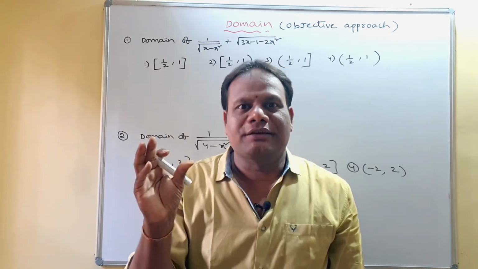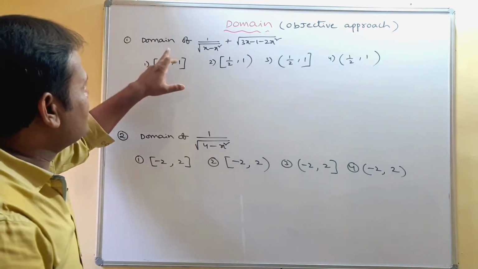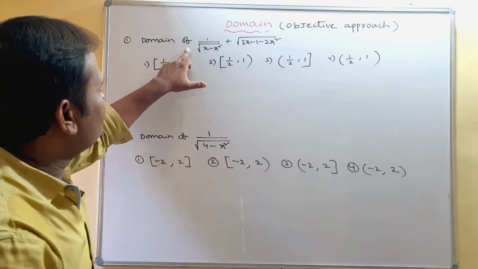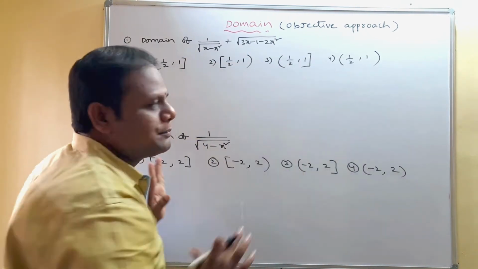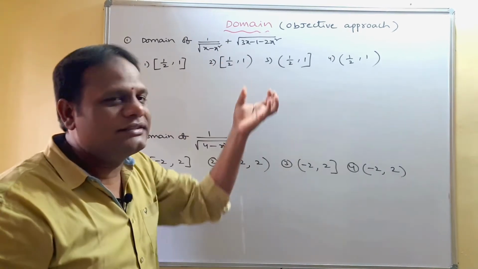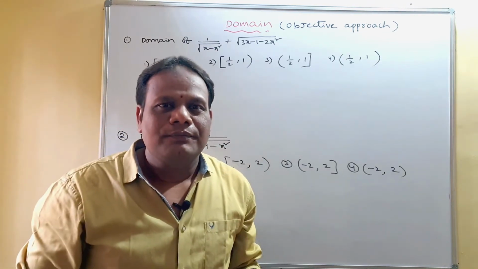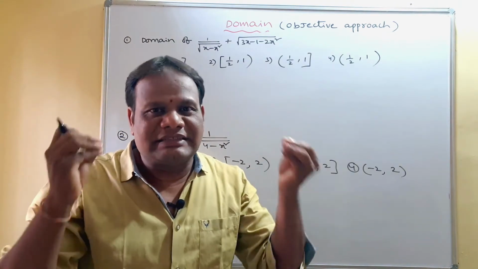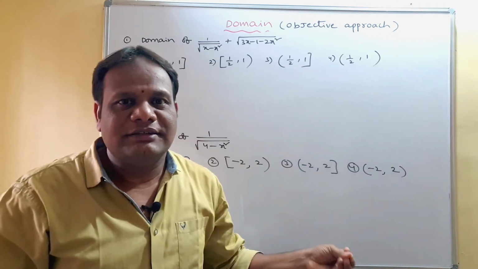to domain. Suppose they ask the question, what is the domain of this function? So here they have given these options. Listen carefully, this is very easy. What is the meaning of domain? You know, domain is the set of values of x where the function is defined.